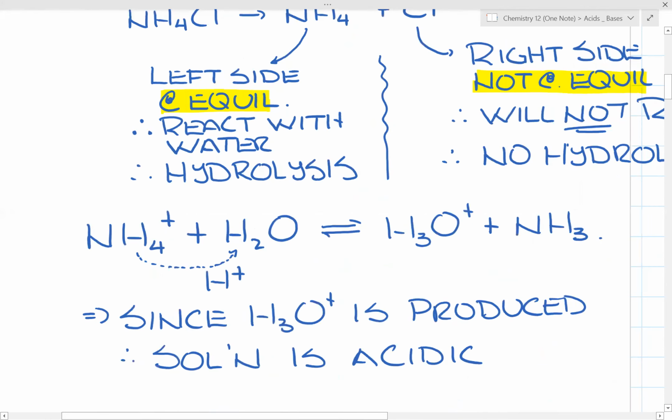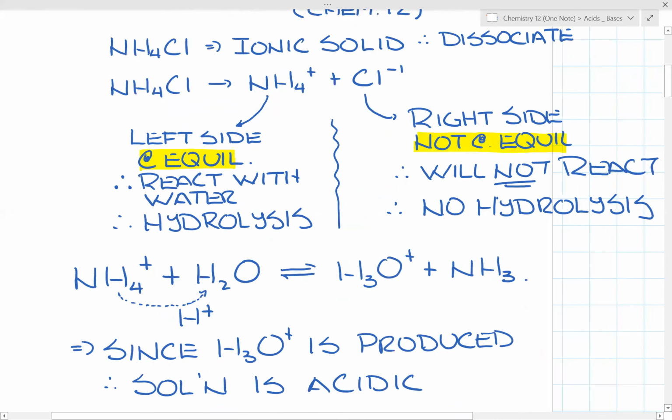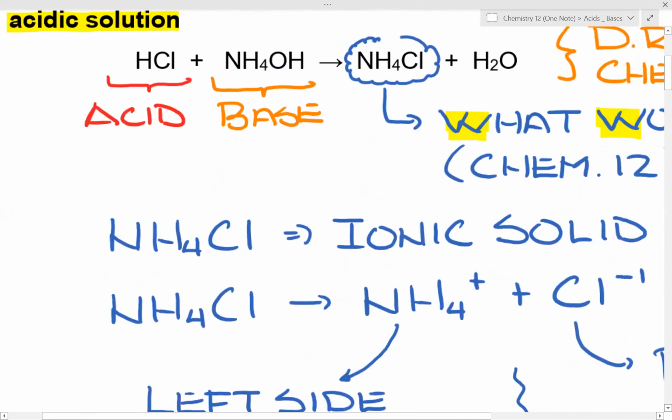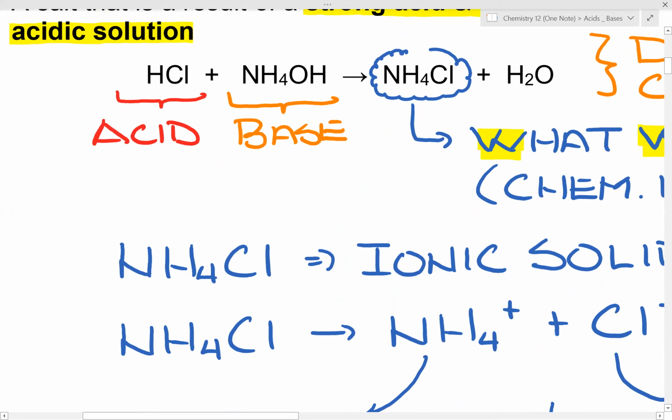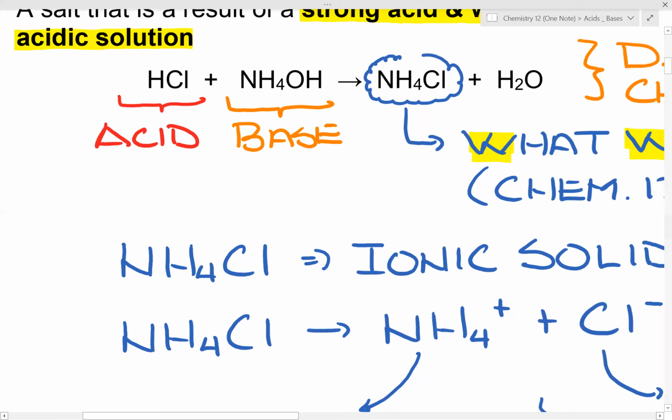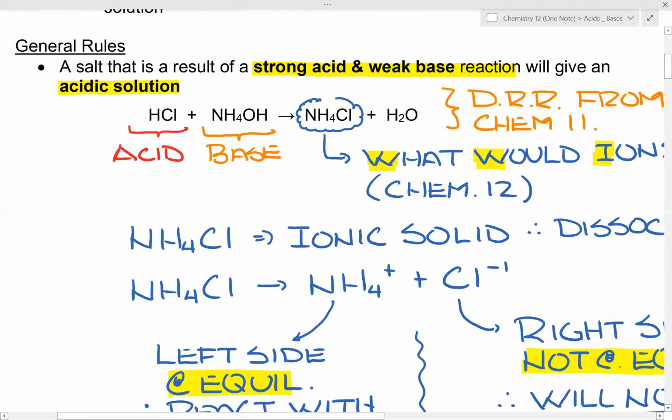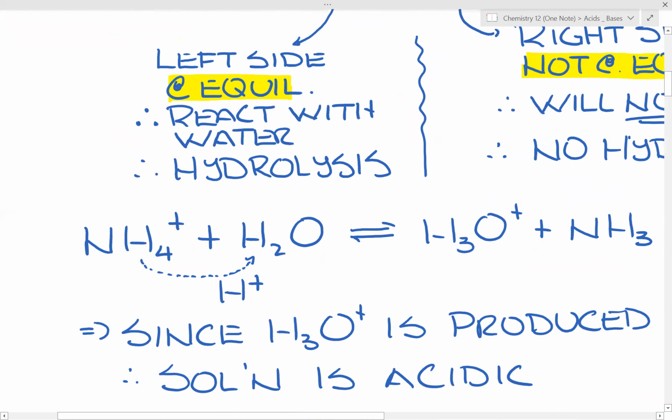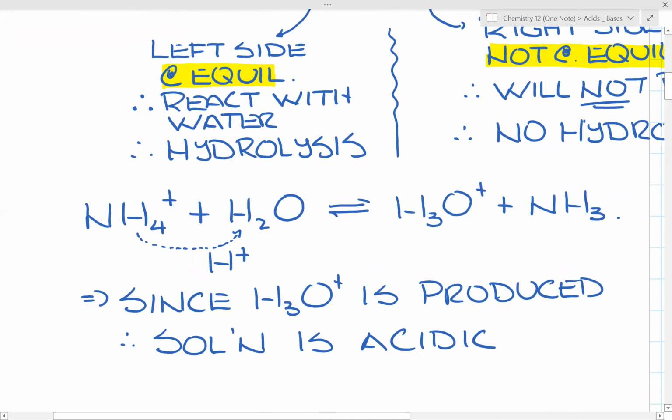Now, I use an analogy something like this. This first equation would be like your mother and your father married and had you. You are like the NH4Cl. What you do with your life after you graduate from high school or university is up to you. There's no influence from your parents.